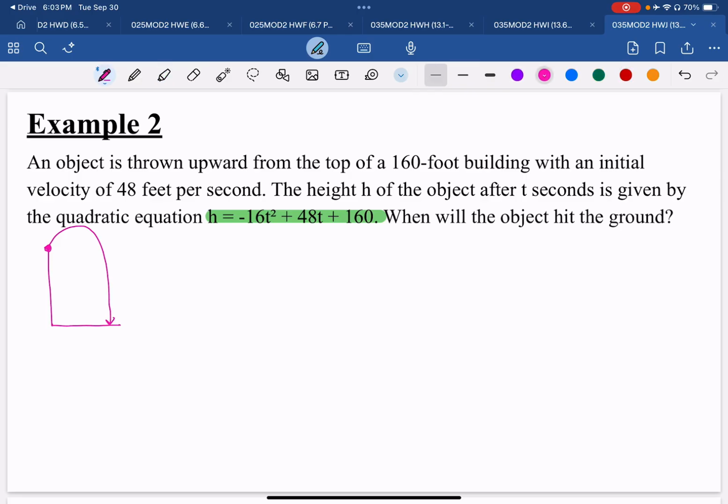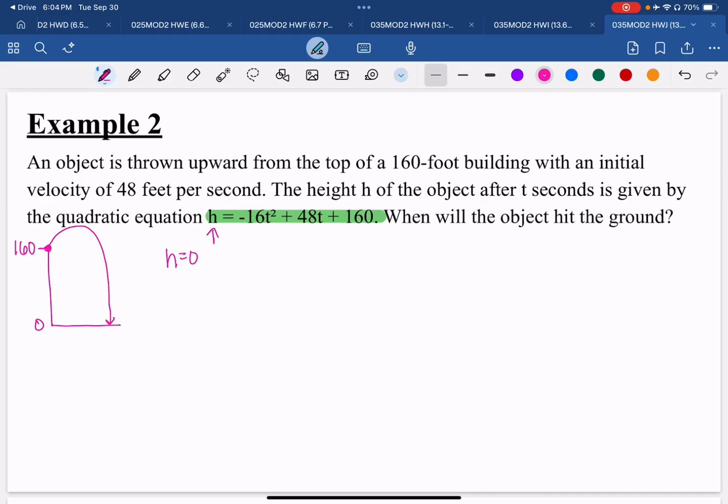Well, if this is telling us about height, we're starting at 160. We're going to throw it up, and then it's going to go down. If I want to know when it's going to hit the ground, that height should be 0, which means that h should be 0.